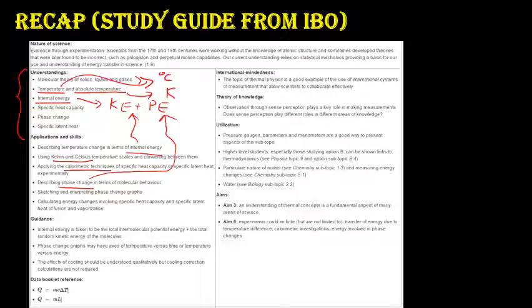One more thing that I want you to pay attention to is the graphs for phase change, which may have axes of temperature versus time, which is very usual, like temperature over time. So it will be something like this maybe, which is very common in IGCSE.